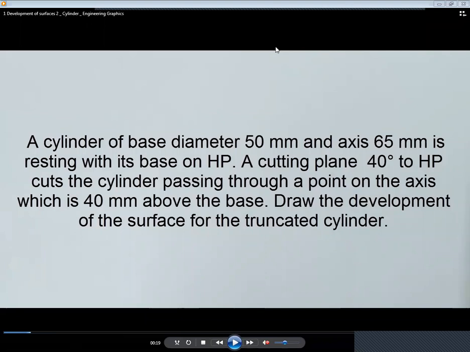In this problem statement, what is given? A cylinder having diameter 50 and axis 65, which is resting on HP. That means the cylinder is kept on horizontal plane, or in simple language we can say a cylinder is resting on ground floor.